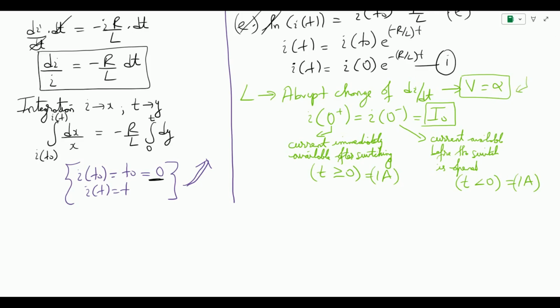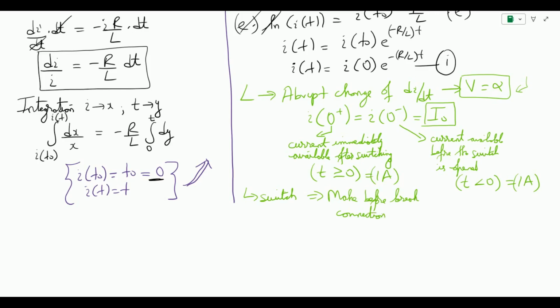This is basically possible by special kinds of power electronic switches called SPST or SPDT. So this immediate change without reaching infinity is achieved by special switches called make before break connection switches.